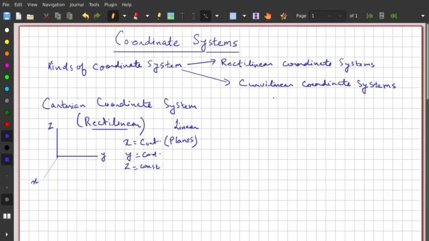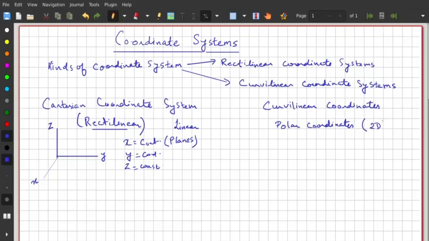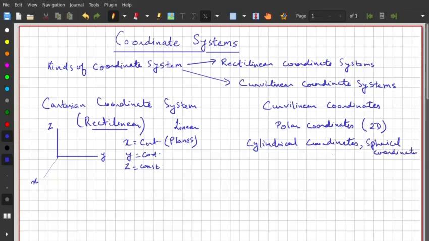Okay, and on the other hand, examples of curvilinear coordinates are, for example, polar coordinates, and this is in 2-dimension, and we have the cylindrical coordinates, and then we have the spherical coordinate system, and that is in 3-dimension.